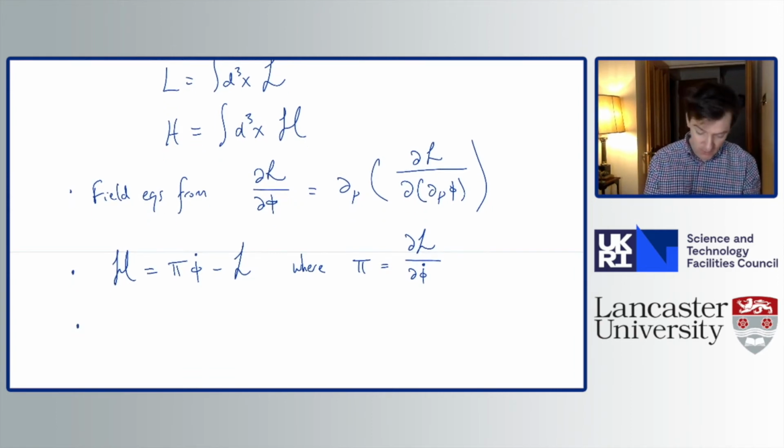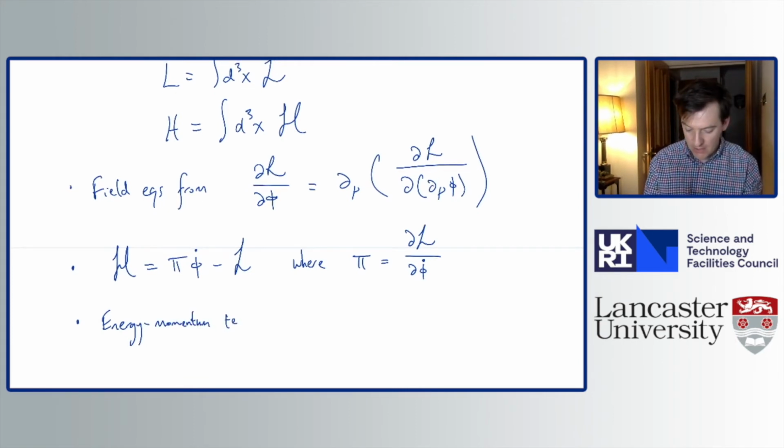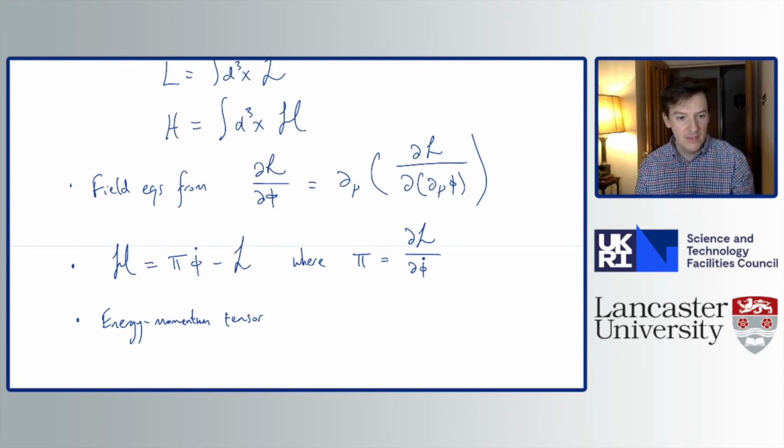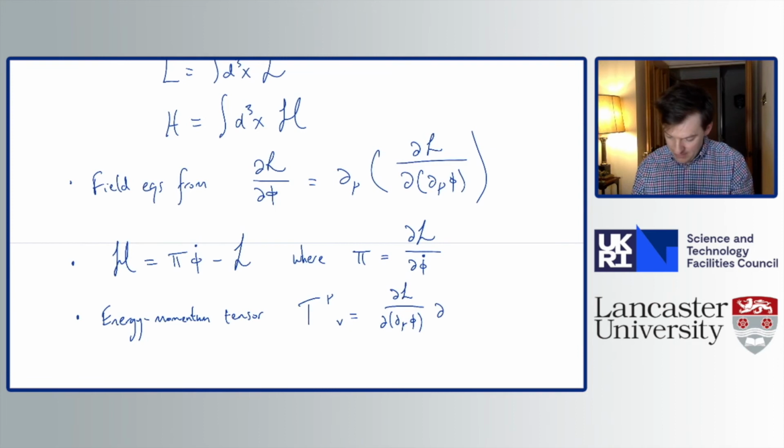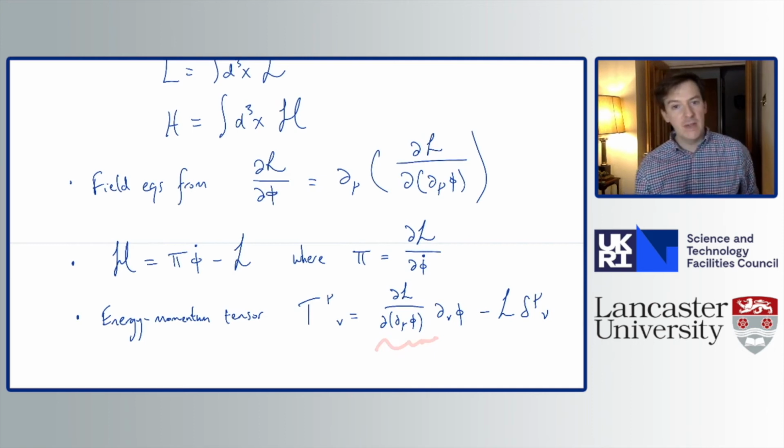The other thing we discussed was the energy momentum tensor, which allows us to work out energies and momentum in the field. Let's write it down with one index up and one index down. This energy momentum tensor can be calculated by differentiating the Lagrangian with respect to the derivatives of the field and subtracting off the Lagrangian.